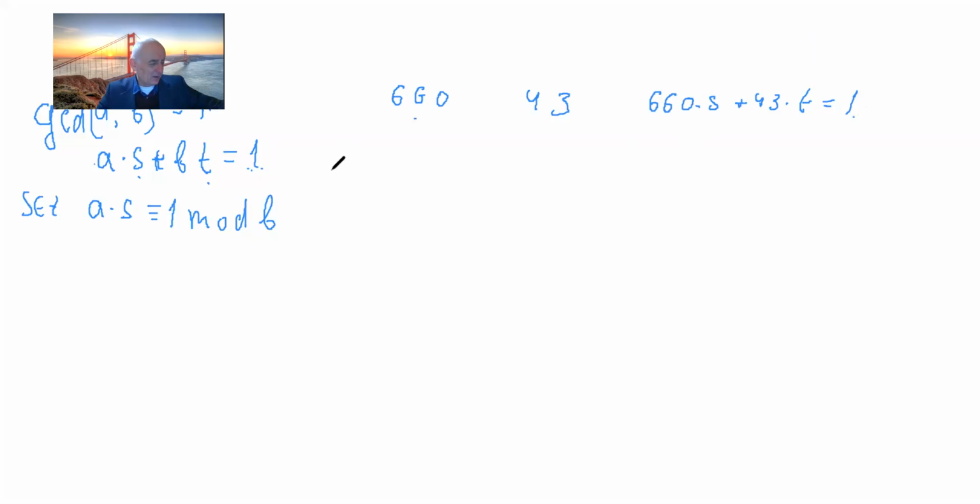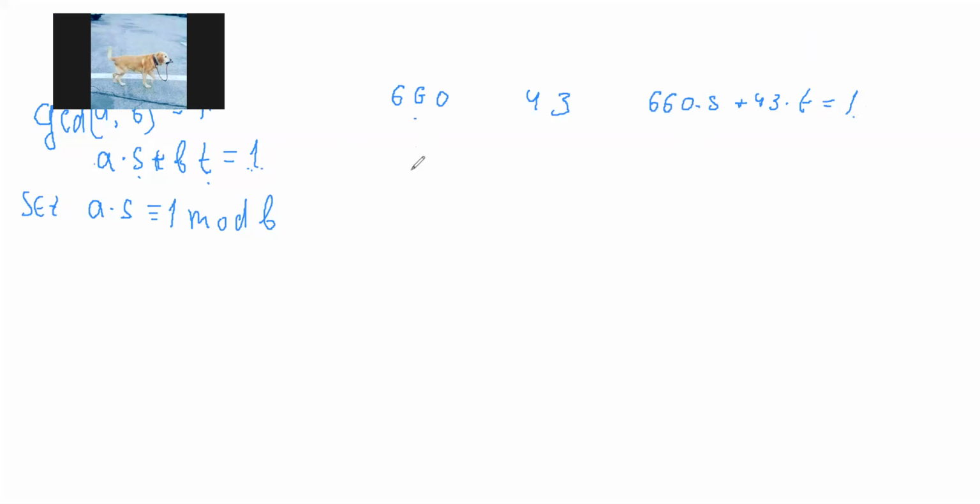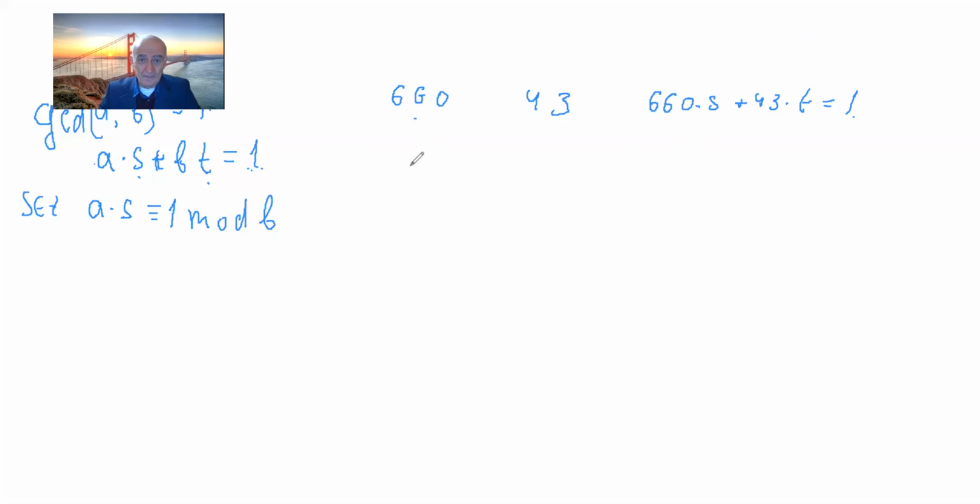Any idea how we can do it? By the Euclidean algorithm, yes, the same way. By the extended Euclidean algorithm. First we divide 360 by 43, and it's 43 times 8 plus 15.